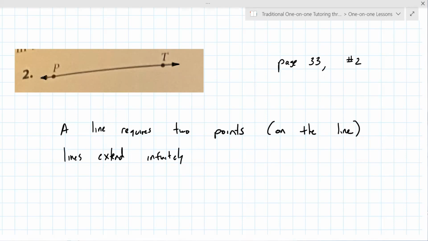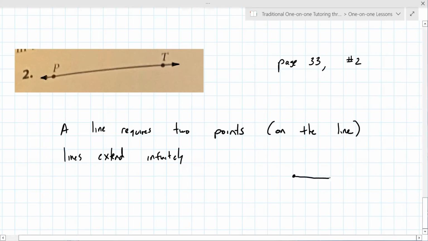What you really meant was a line segment. This is a line segment right here. Do you see how it does not have the arrows? This next one is called a line. We as English speakers call this a line, but it's really a line segment.